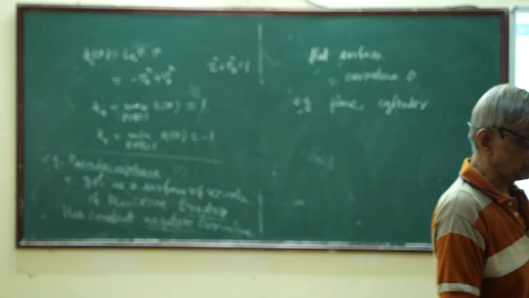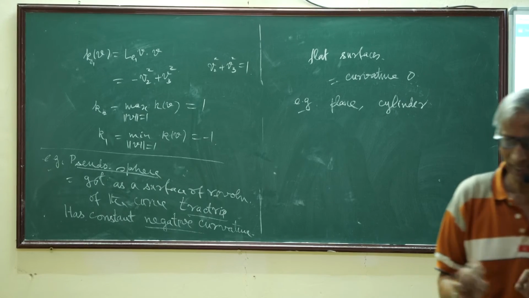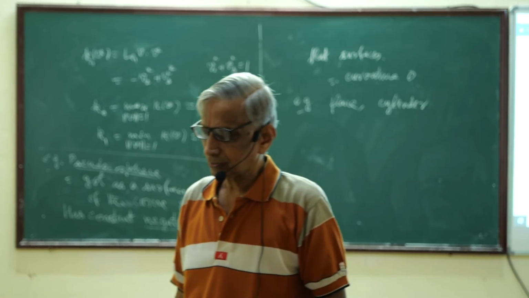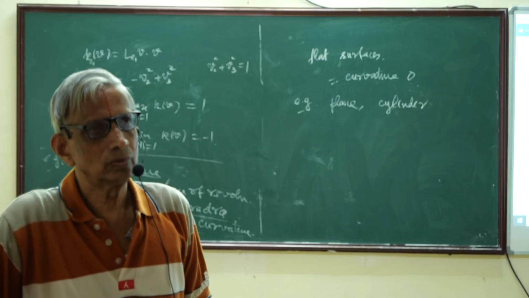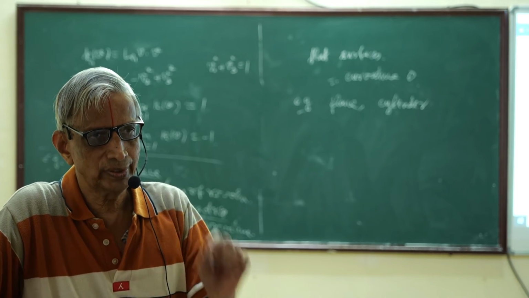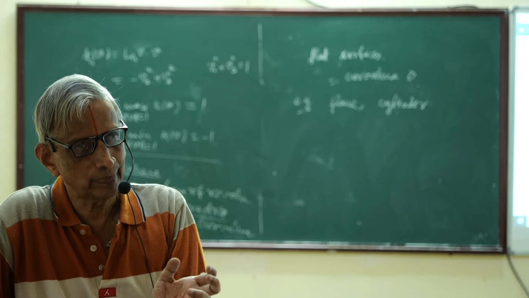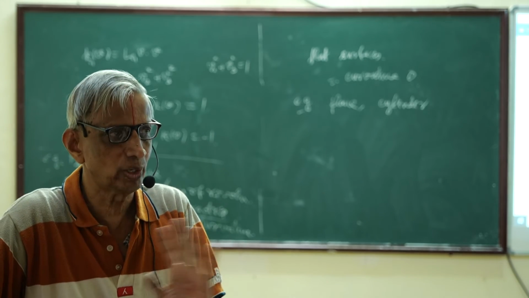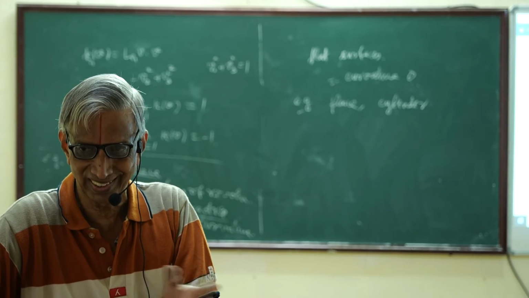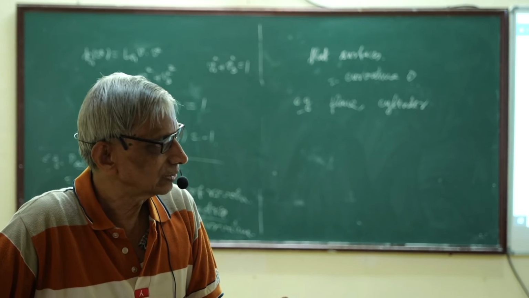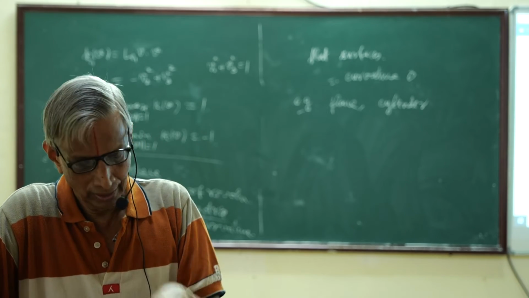Isometry means what? Distance preserving, length preserving. So if you take a point on the cylinder, there is a neighborhood which you can map isometrically, not just homeomorphically. Homeomorphism doesn't preserve anything except the topological structure. No length preserving anything.